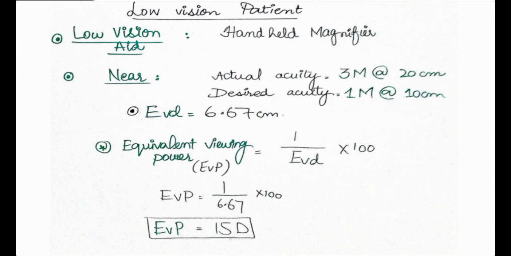It means that the handheld magnifier should have approximately 15 diopter power so that the patient can see the 10 centimeter line. Approximate means a bit equal to that level, right? So we got the EVP, which is the power.